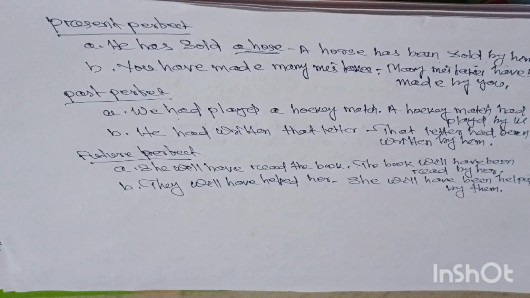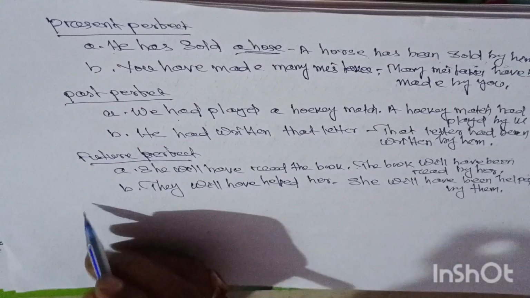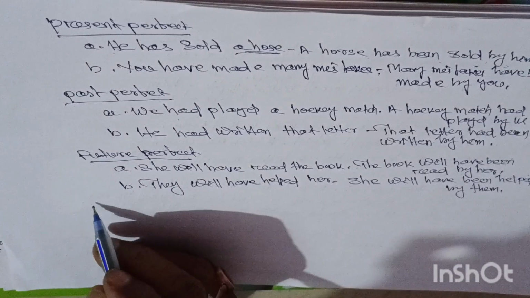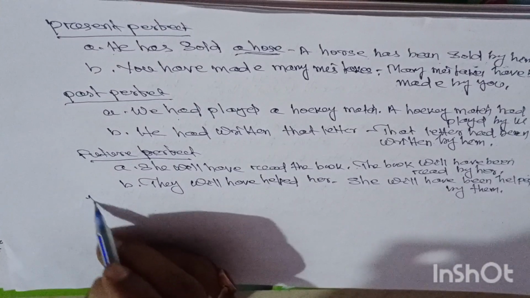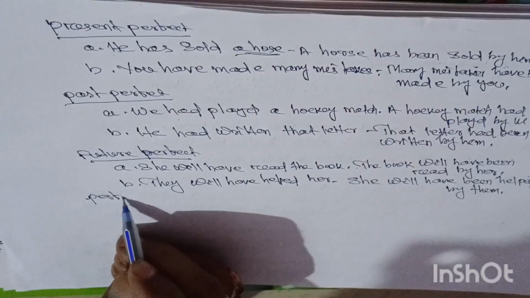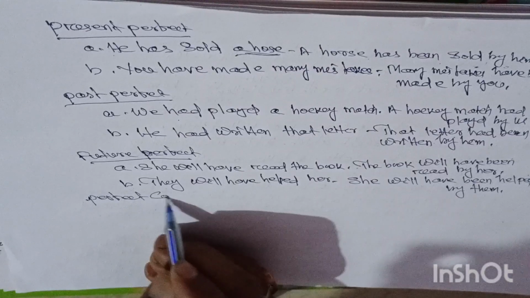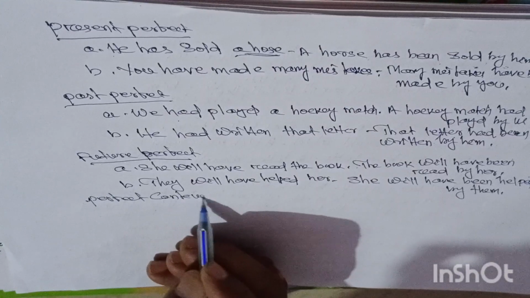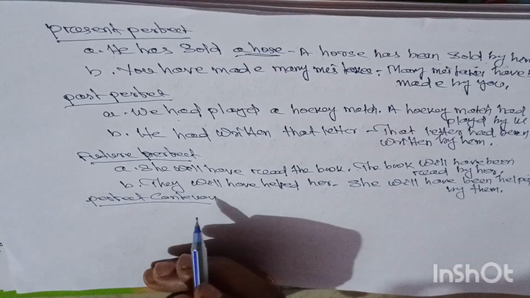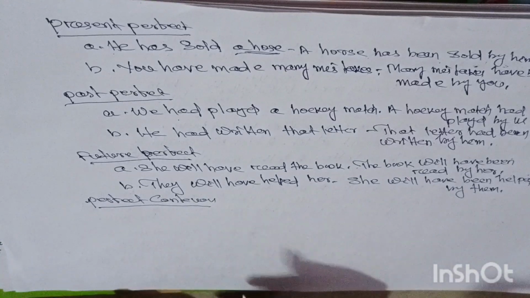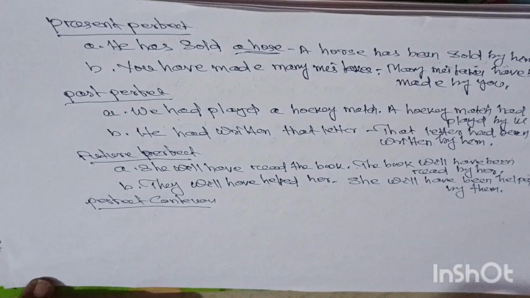Then the perfect continuous. In a similar way, you can change a sentence in perfect continuous. If the sentence is perfect continuous of any tense, you can also change it into passive.